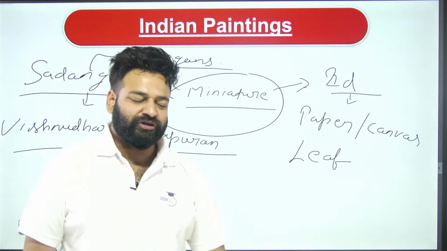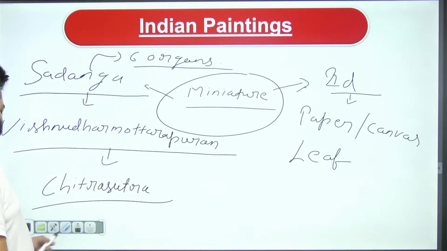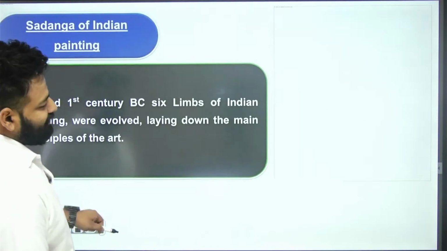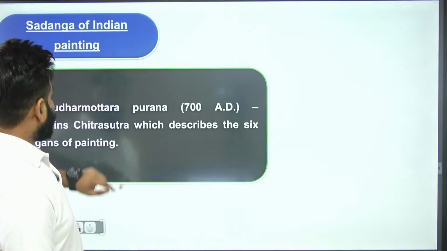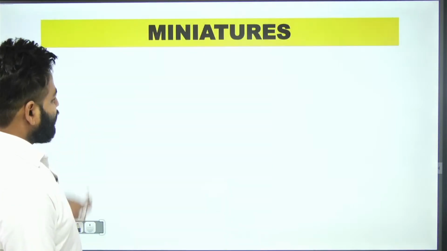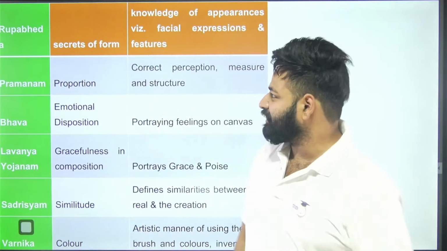Then we moved towards the Mughal school, where we discussed the paintings up to Shah Jahan. So yes, these were the six limbs, basically.